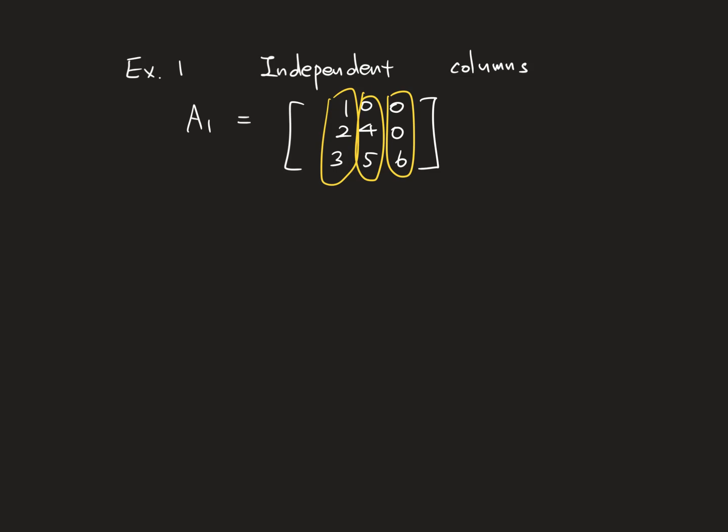It's very easy: if you want to generate this vector, it's impossible, because the first component of the other vectors is all 0. So you cannot make this first vector, the first column, using the other vectors.